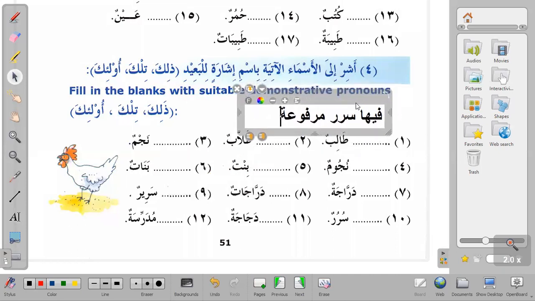Let me place it here. I'm trying to put the vowels on this one for it to be clear here. Fiha sururun marfu'ah.